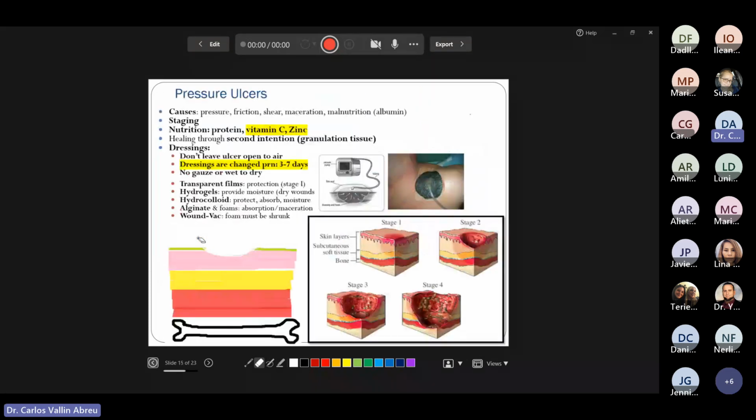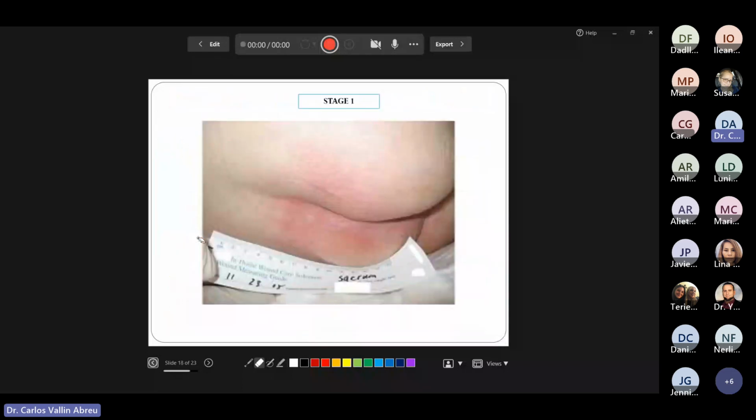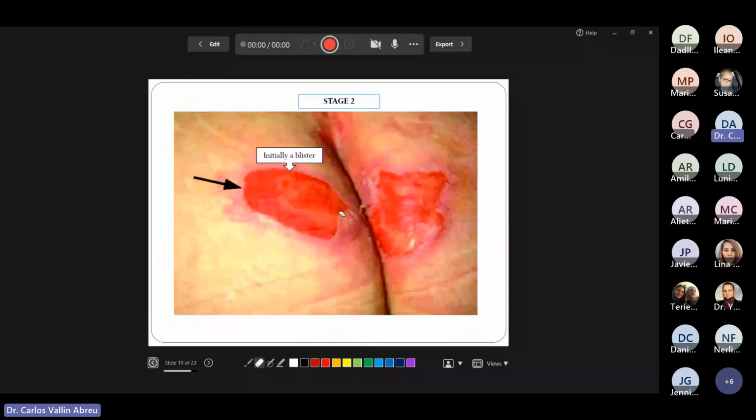But in some cases you can see the blister. Sometimes you can catch the ulcer early enough when the blister is still present. Make sense? But the problem is that the blister is against the mattress, rubbing the mattress, and quickly breaks. So you don't see the blister.